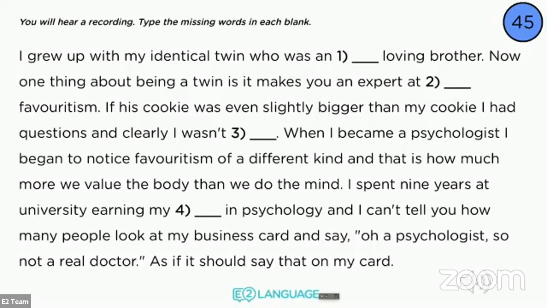When I became a psychologist, I began to notice favoritism of a different kind. And that is how much more we value the body than we do the mind. I spent 9 years at university earning my doctorate in psychology, and I can't tell you how many people look at my business card and say, "Oh, a psychologist, so not a real doctor." As if it should say that on my card.